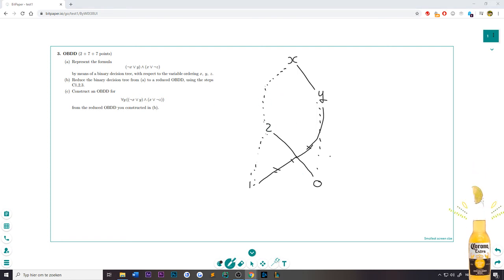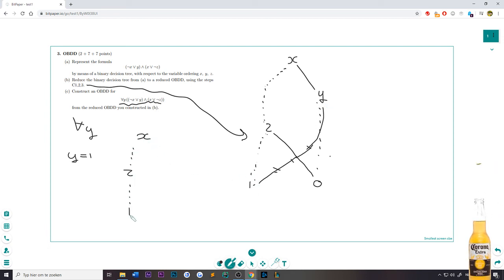Now the second part of the question is to construct an OBDD for this one here. So the first one was drawing the tree, and then the second one was applying the steps, right? Applying the steps, we get this here. And now we have to construct an OBDD for this one, and we have to do it for all y. First we're going to draw y is 1. If y is 1, then this one's going to go to a 1. So we have x going to z, going to 1.